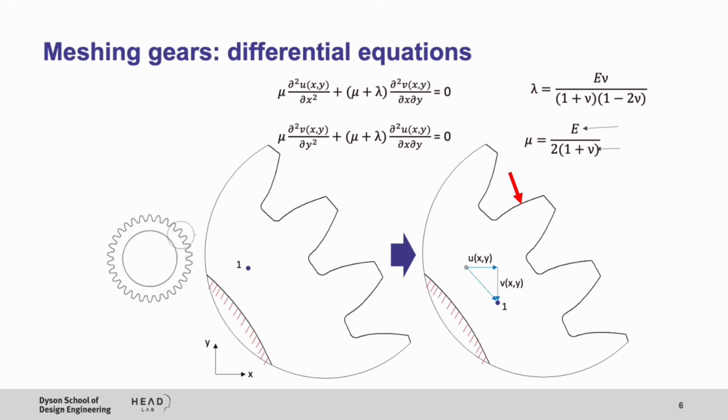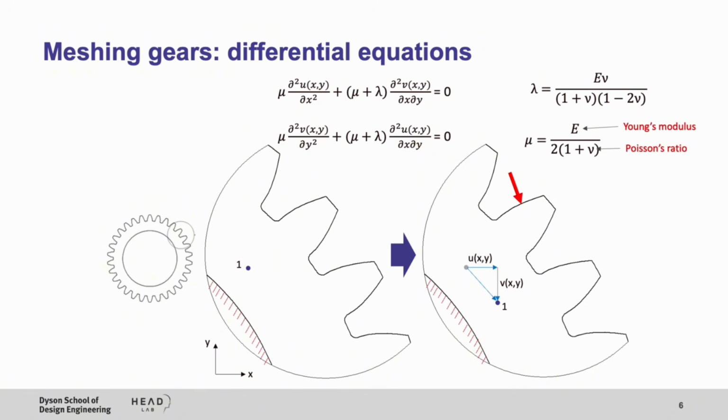Well, in order to determine the distribution of the displacement field, u and v, as a function of x and y, we need to solve these two differential equations which come from the theory of elasticity. You can see we have two differential equations. The variables there are u and v, which are functions of x and y, and the rest are really constants. So we have lambda, we have mu.